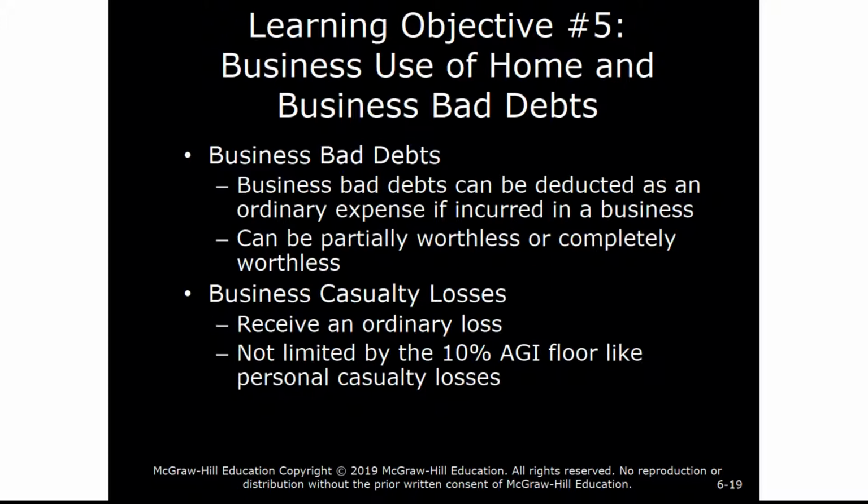So I'll give you an example. If a tree falls on the car, it's uninsured, personal use auto only, not business, and we lose $5,000, then we deduct $100 from that to get to $4,900, and then we take 10% of our AGI. Let's say our AGI was 40,000; 10% of 40,000 is 4,000.